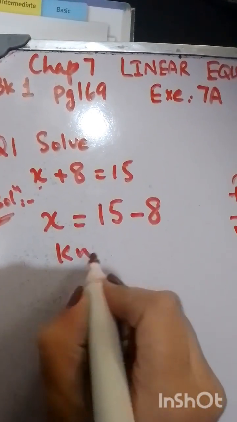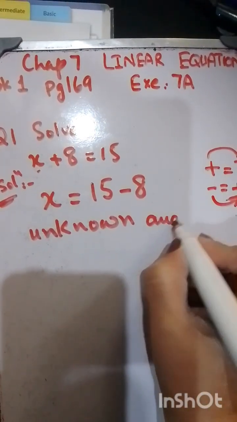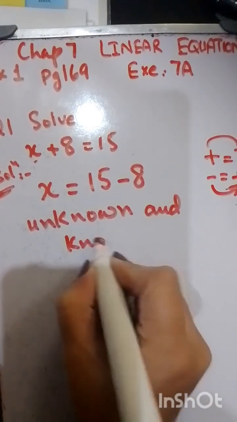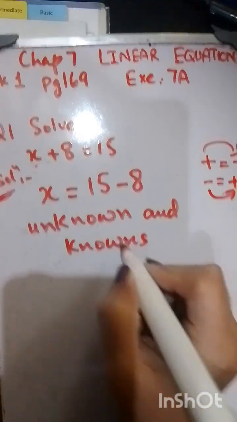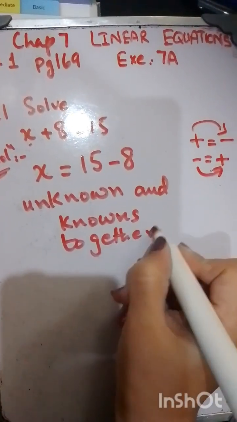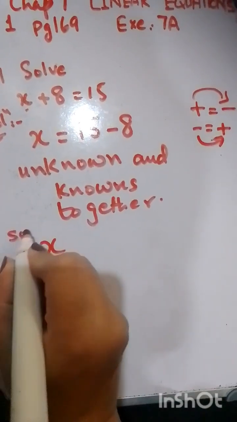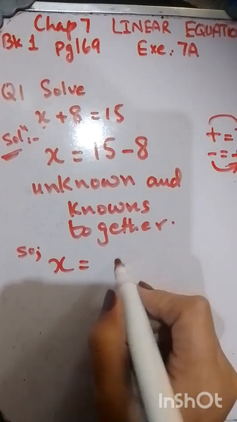This is the first method, and here is the simple answer for the unknown x: 15 minus 8 equals 7. So we are gathering all the knowns and the unknowns together to make it simple for us.